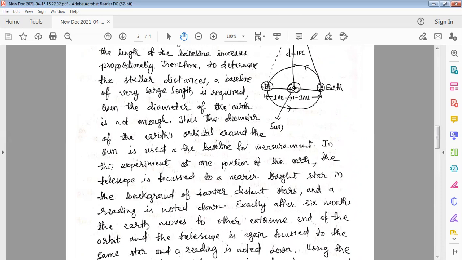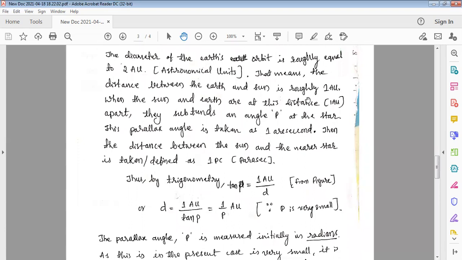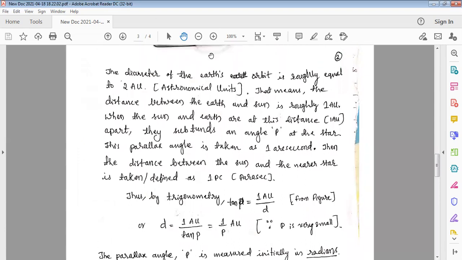And similarly, the distance between the Sun and Earth when Earth is here is again 1 astronomical unit. So the diameter of the Earth's orbit is roughly 2 astronomical units, and the distance between the Earth and Sun is roughly 1 astronomical unit.